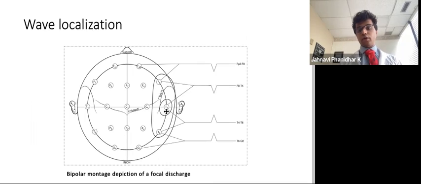At T4 here, we can see that when it is combined with F8, it's a positive wave because T4 is negative when compared to F8, but when compared to T6, it's a negative wave, showing that T4 is negative when compared to T6. So T4, where the phase reversal is happening, is the focus of the ecology.